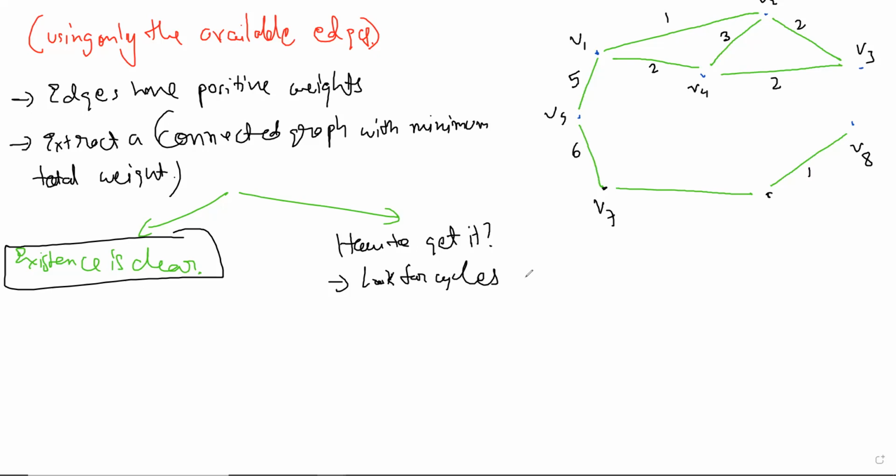Look for cycles and remove an edge, or look for a cycle, you could say, and from that cycle remove an edge with max weight. It's the most obvious thing to do, and this will actually work. But in the way in which it is written, it's hard to show from here.